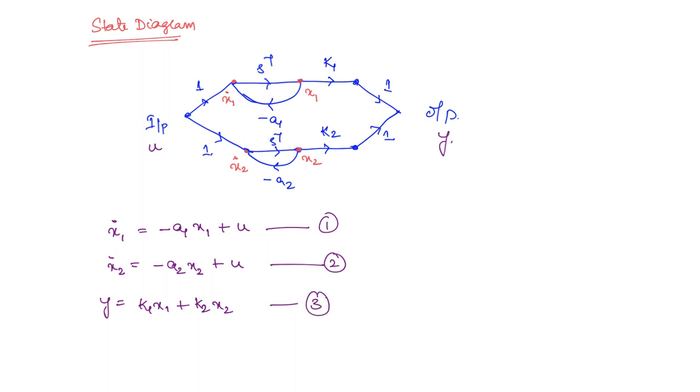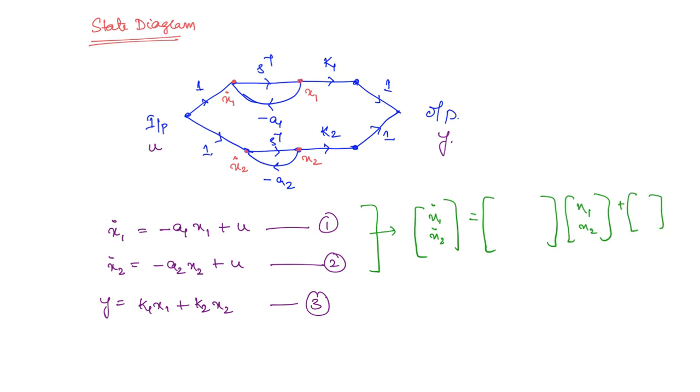Now from the first two equations, you can get the state equations. What will that be? [x1 dot, x2 dot] is equal to the A matrix times [x1, x2] plus the B matrix into u. Now x1 dot is related to x1 with coefficient minus a1, it is not related to x2, so you will write 0.